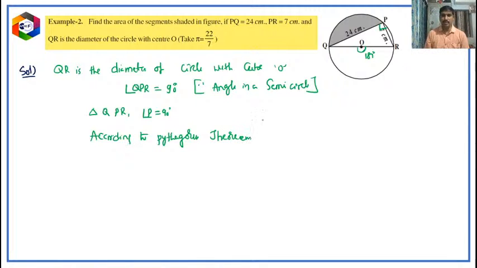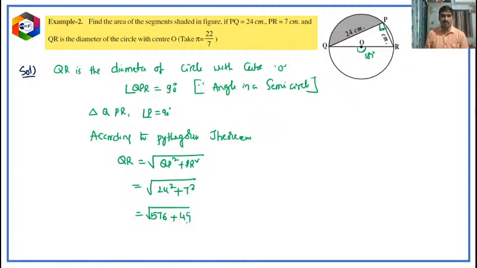So according to this theorem, QR is equal to square root of QP square plus PR square. It is very clearly given in the diagram. PQ is 24 square plus PR is 7 square. 24 square is 576 plus 7 into 7, which is 49, so 576 plus 49 is 625.